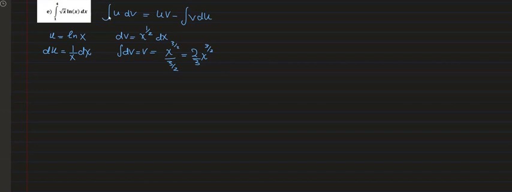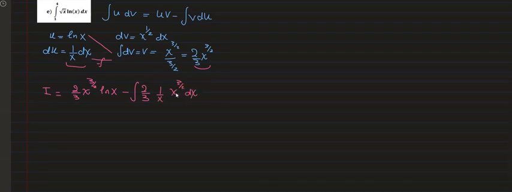And then we will rewrite as u times v minus the integration of the horizontal bar. So the integral is 2 over 3 x to the power 3 over 2 times ln x, fine, minus the integration of these products. 2 over 3 is a constant, we can drop it outside the integral, and then 1 over x times x to the power 3 over 2 dx.